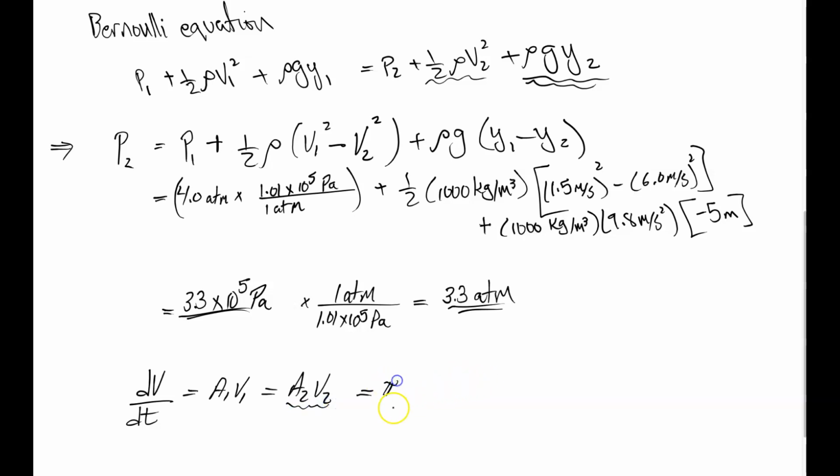This is going to be pi times 0.5 10 to the minus 2 meters, which is the radius squared, times the velocity at that point, or the speed of the water at that point, which is 6 meters per second, and we get a flow rate of 4.7 times 10 to the minus 4 meters cubed.